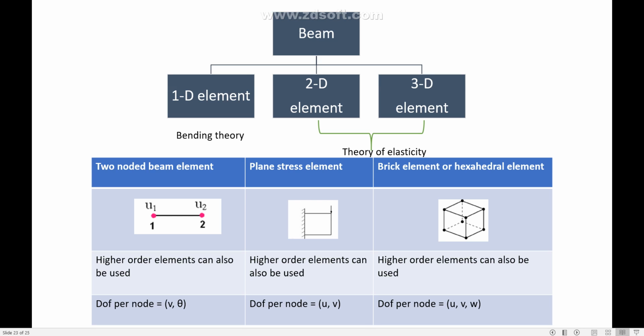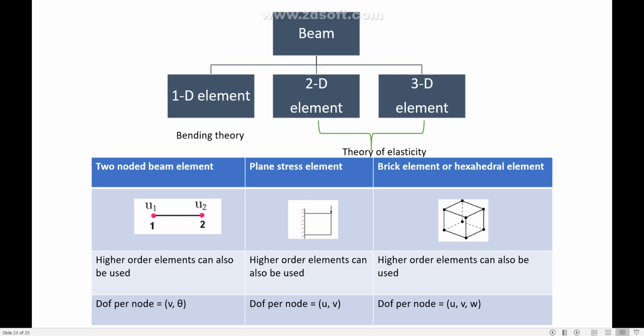Now, the degrees of freedom in the 1D element are the transverse deflection and rotation per node, whereas the degrees of freedom in the plane stress element are U and V per node, and in three dimensions it is UVW.